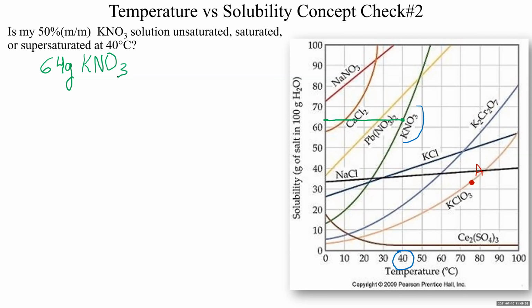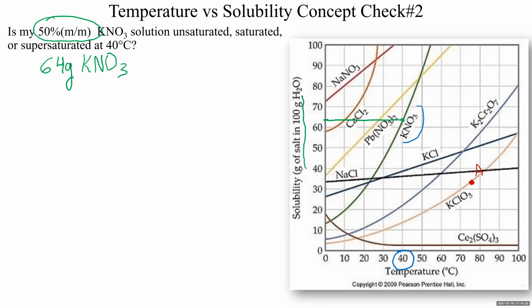So the question is, how does my 50% compare to the 64 grams? Well, I can do this one of two ways. I can either convert my 50% by weight into the same kind of ratio of grams of salt to grams of water, or I can convert my 64 grams to 100 grams of water ratio into a percent.